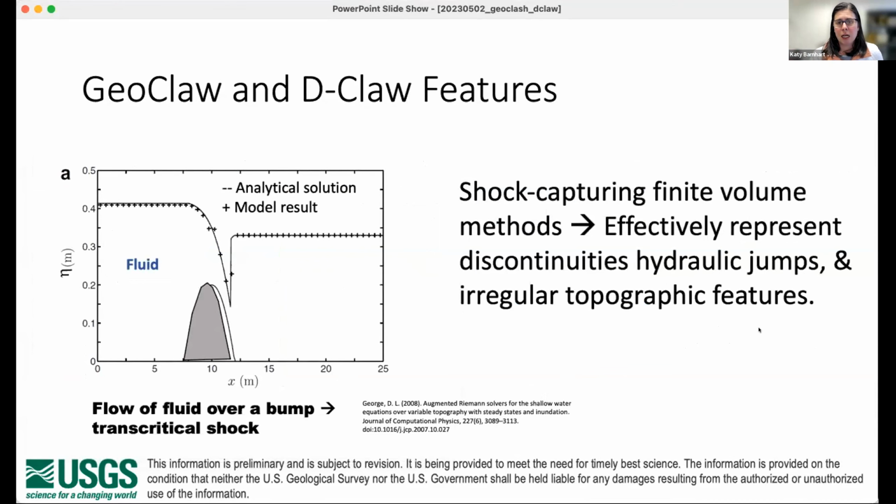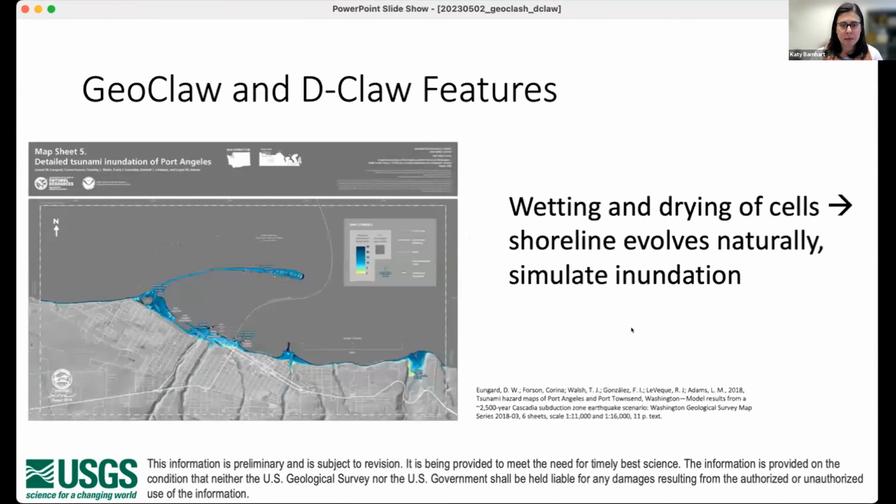DCLAW uses shock capturing finite volume methods, which are important for effectively representing discontinuities and hydraulic jumps, especially over irregular topographic features like this example that's shown here.